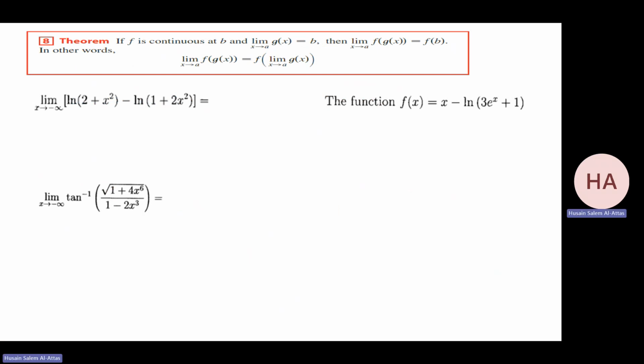Do you want to deal with ln? Yeah, you can deal with this trick. This one I can say limit as x goes to minus infinity of ln.